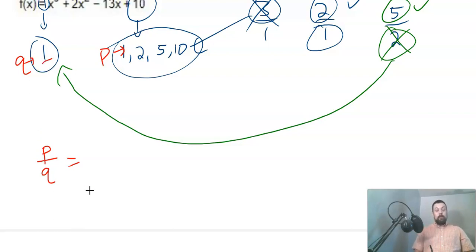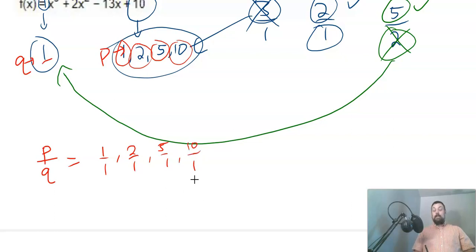So I'm going to take Q equals 1 as my value for Q. It's the only thing it can equal. And then take every value of P divided by that value of Q. So what I'm going to get is 1 divided by 1, 2 divided by 1, 5 divided by 1, and 10 divided by 1.